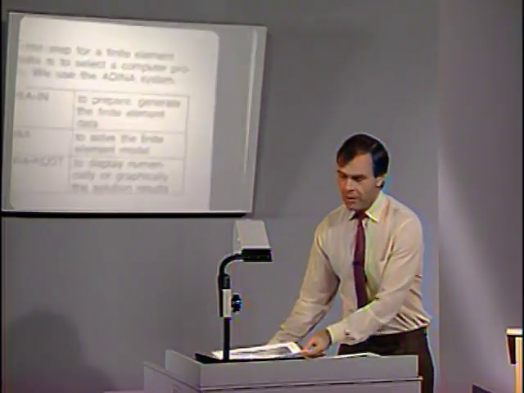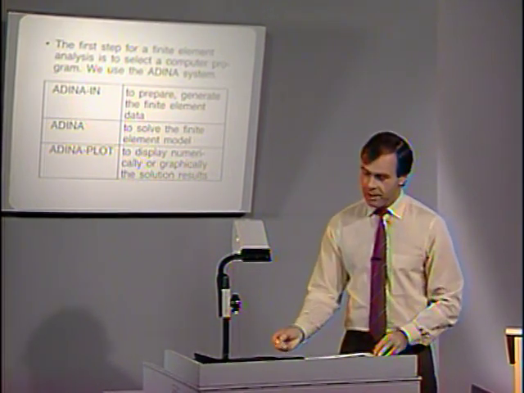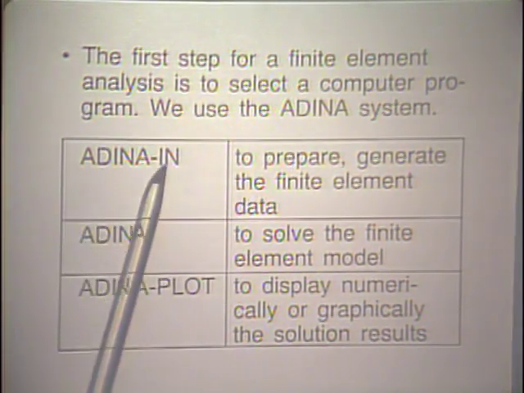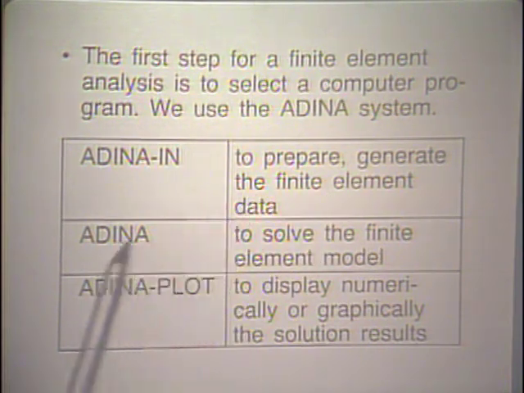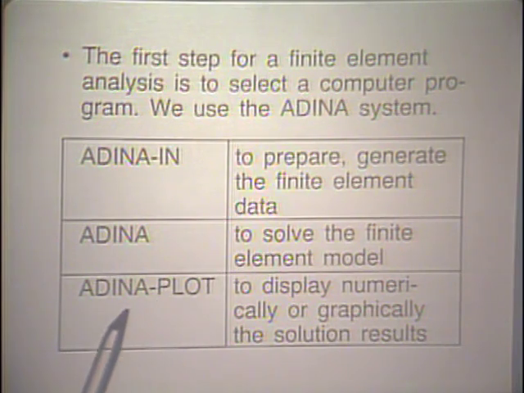The first step for a finite element analysis is to select a computer program, and we of course use the ADINA system. ADINA-IN is the preprocessor to prepare and generate the finite element data. ADINA then solves the actual finite element model, and ADINA-PLOT is used to display numerically or graphically the solution results.